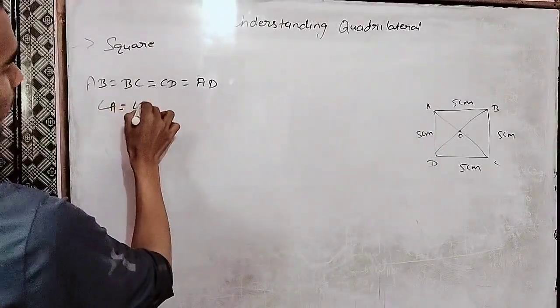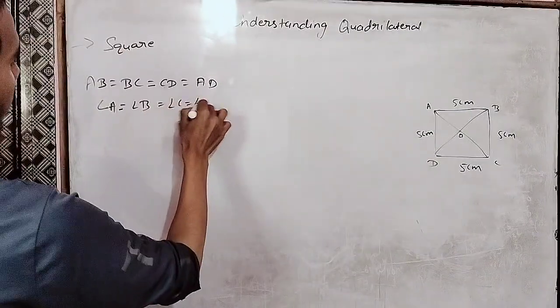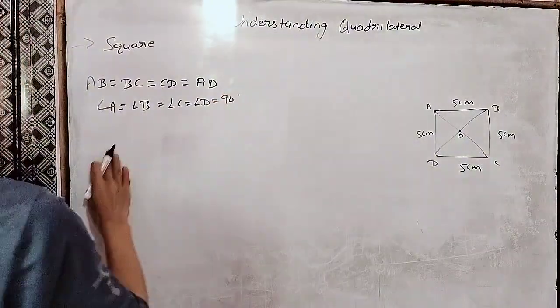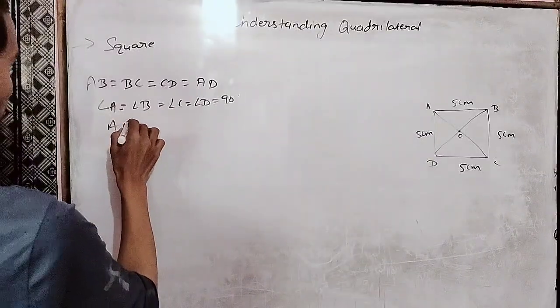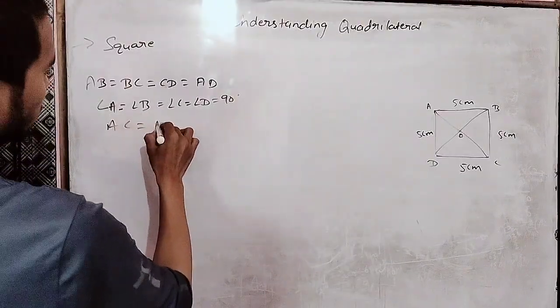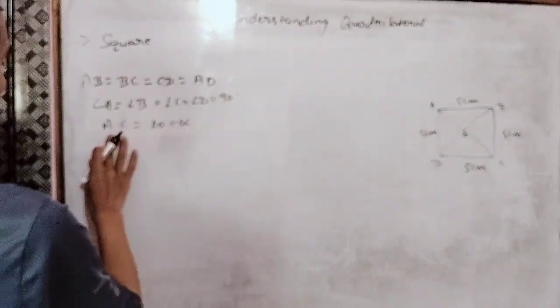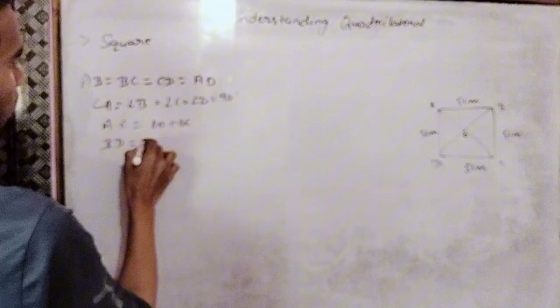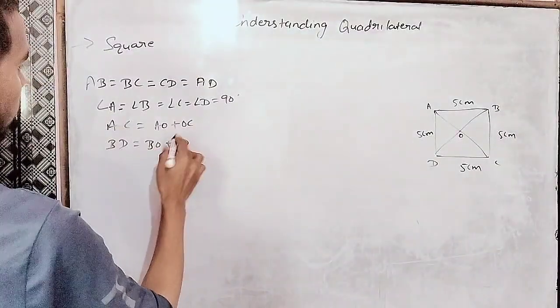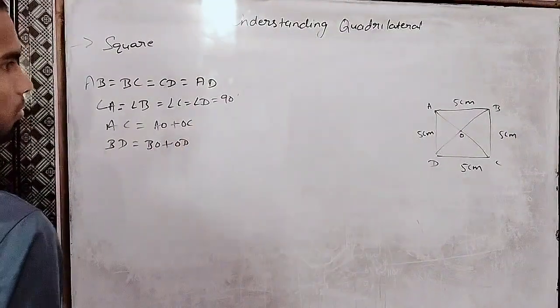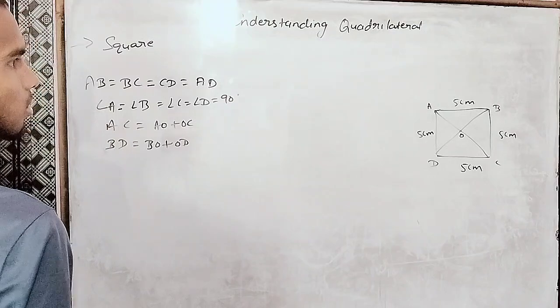Angle A, angle B, angle C, angle D is 90 degrees. AC is a diagonal, AO plus OC, and BD is also a diagonal, so BO plus OD.